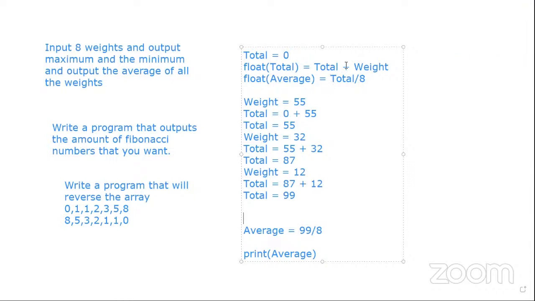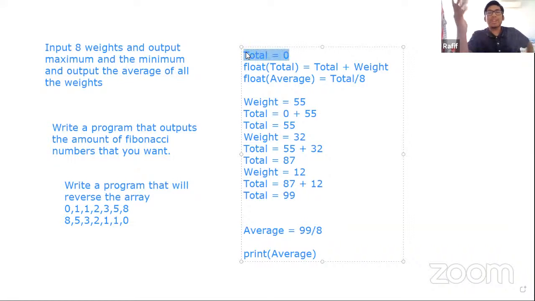No, you first have to assign total the value of 0, because if you haven't input any weights, then it's of course going to be 0. So you do total equals 0 at the very top, outside of your loop, at the very top. Because total starts at 0. Okay, thank you.